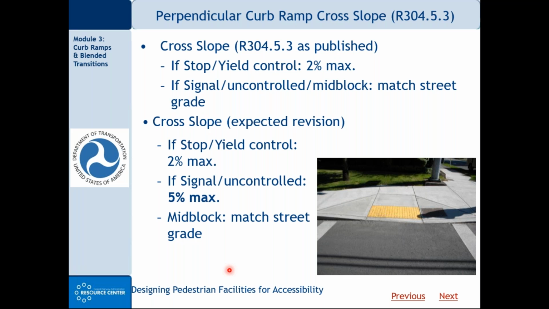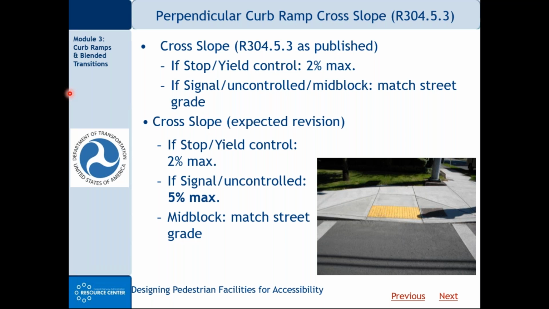Now, I would have you notice that the cross slope requirements depend on the traffic control on the roadway being crossed here. So currently, if that roadway is stop or yield controlled, the maximum cross slope is 2%.